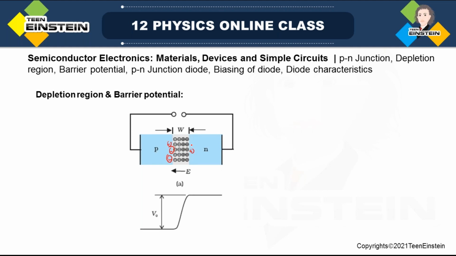At the same time, if there are any holes, they will move very fast to the p region. So this is how, at a certain time, there are no free charges available.